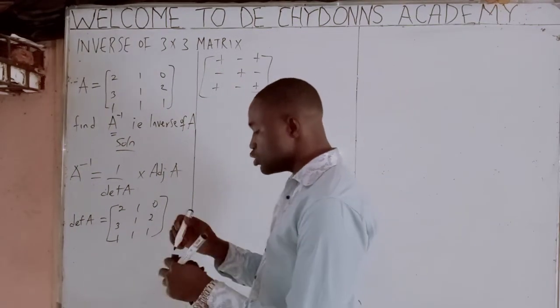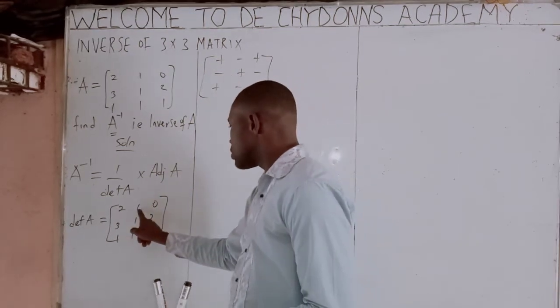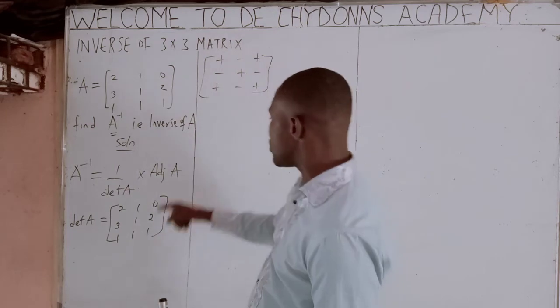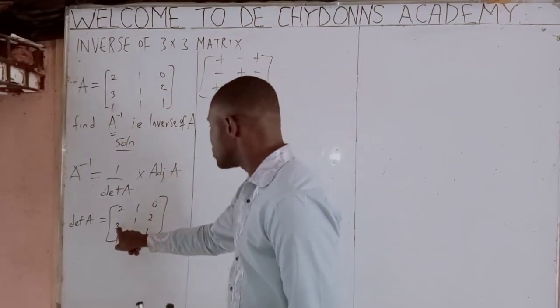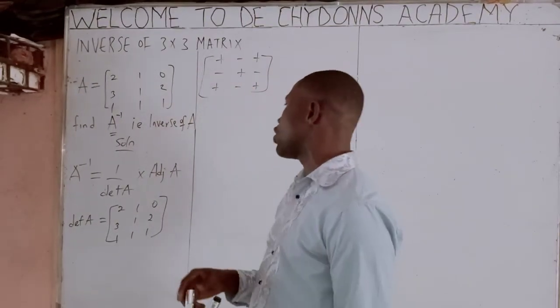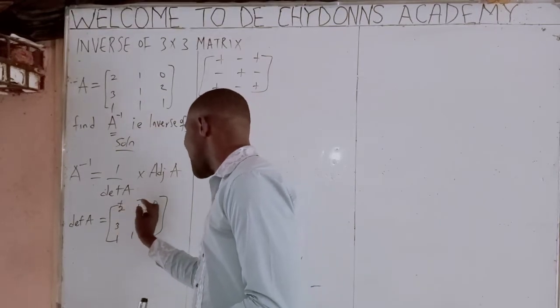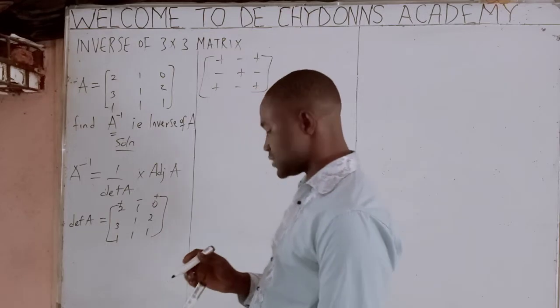So element 2, the first element 2 has a sign of plus. Element 1 has an intrinsic sign of minus. Element 0 has an intrinsic sign of plus, 3, minus, 1, plus, and so on. So I will now say plus, minus, plus. That is for the first element.